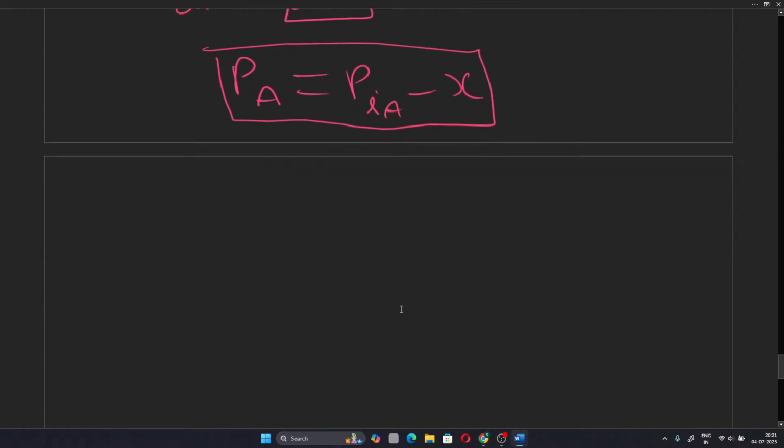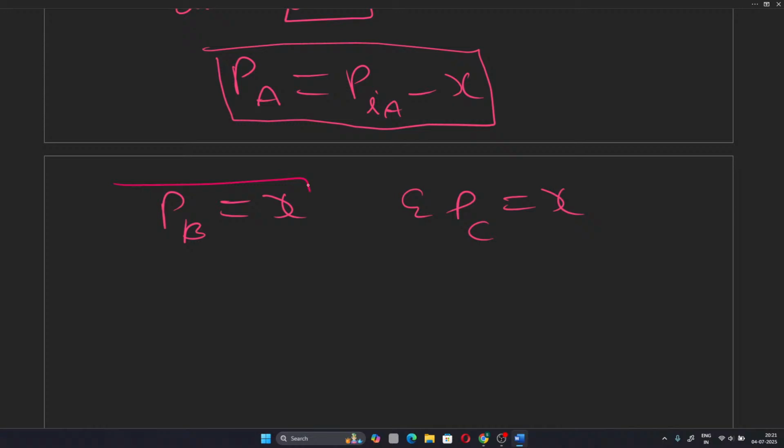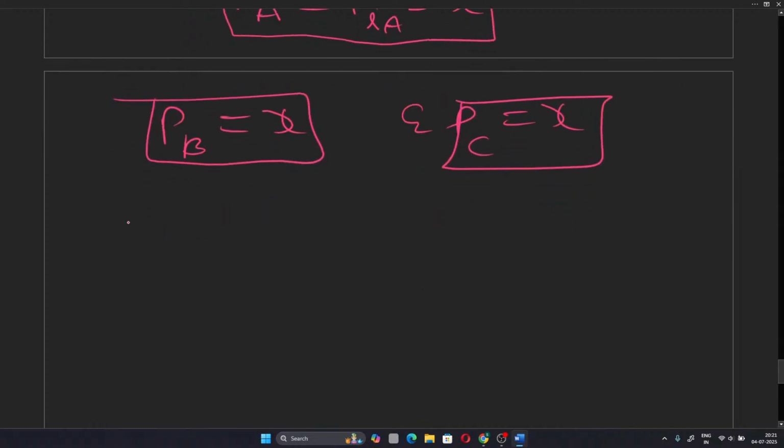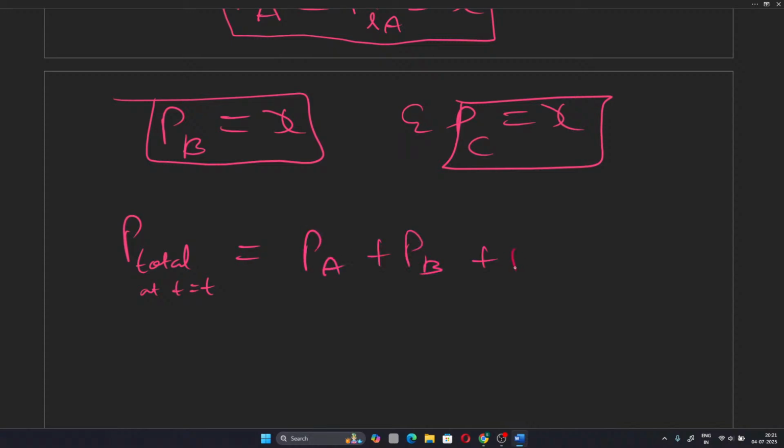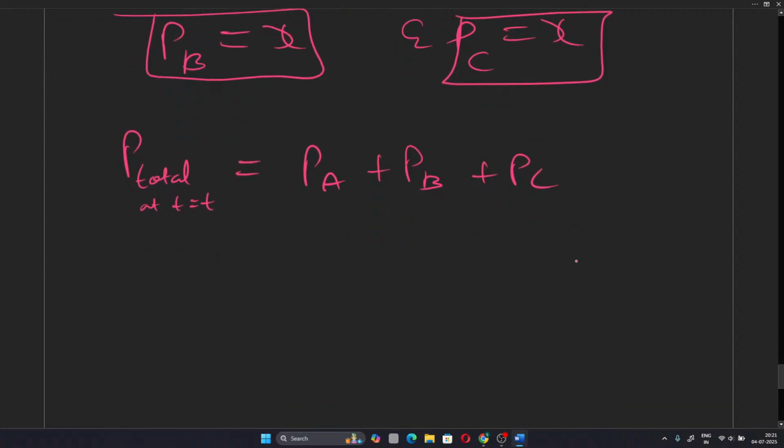In such a case, the partial pressure of B at time t will be x, and PC will also be x. The total pressure at t equals PA plus PB plus PC. We know that PA equals P initial minus x, PB equals x, PC is also equal to x.